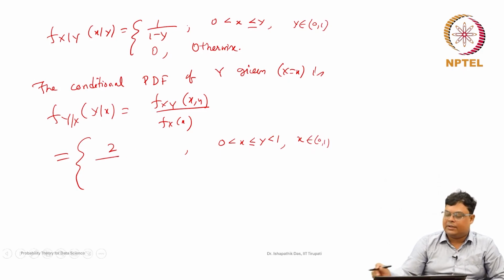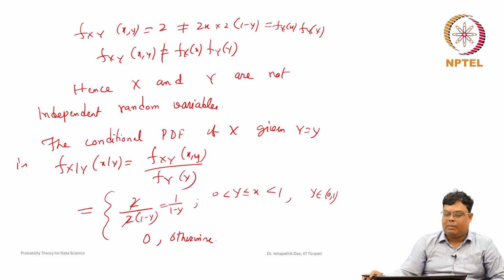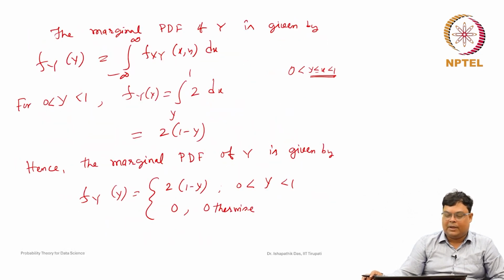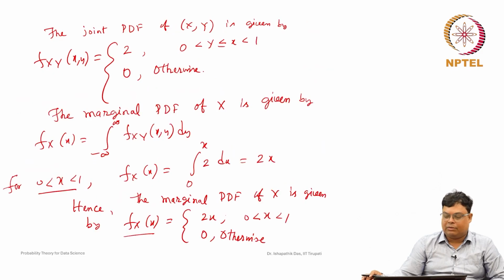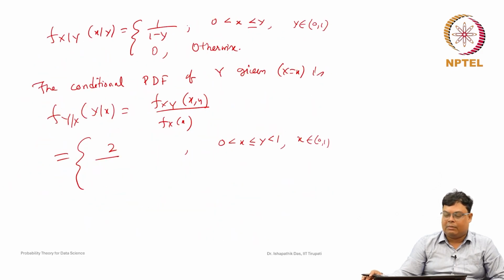And what is f x x? The marginal probability density function of x, f x x, is given as 2x. So, this is 2 by 2x, which is 1 by x, and 0 otherwise.